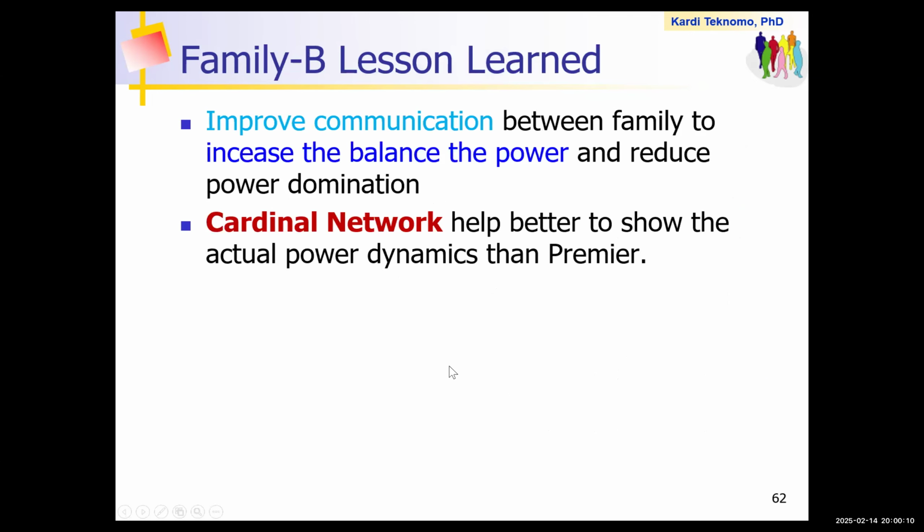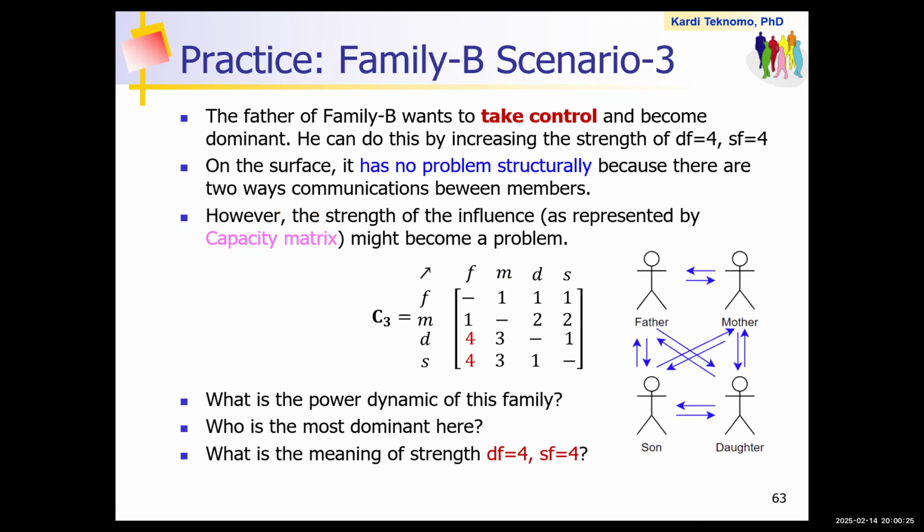So what's the lesson? You can improve communication to increase the balance of power. And actually the cardinal network is better than Premier. Now, scenario 3, the last one.